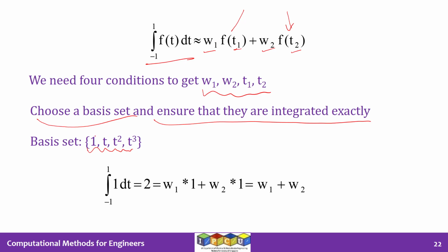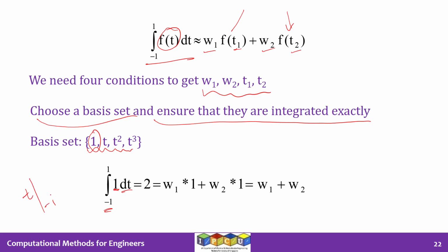So I'm going to take the first element of my basis set, or first function in my basis set, and I'm going to integrate it because the integral is from -1 to 1, right? So -1 to 1 integral of my first function from my basis set dt. So f of t is 1. So if you evaluate integral dt, it is going to be t.